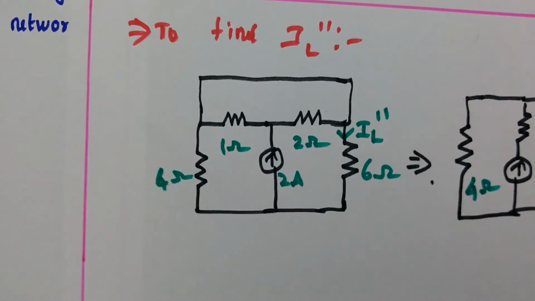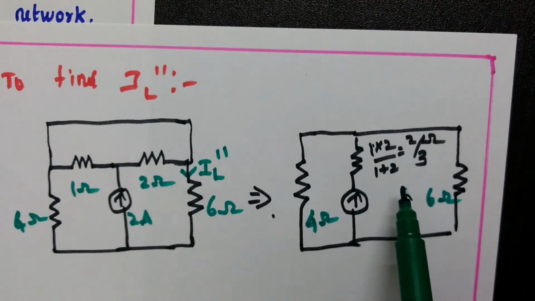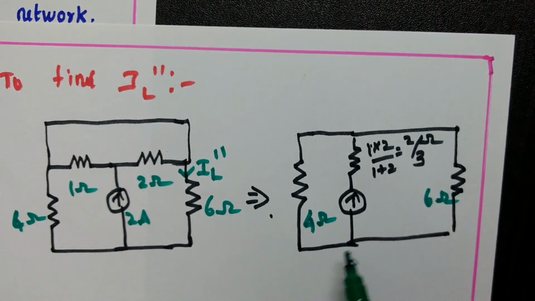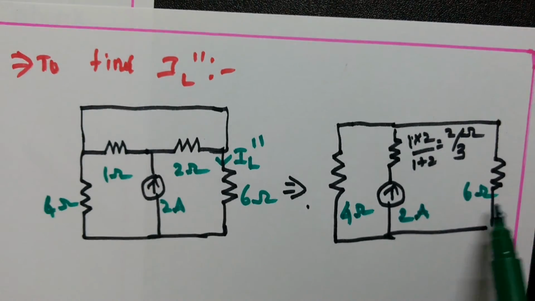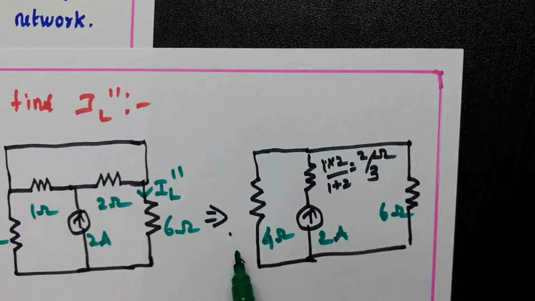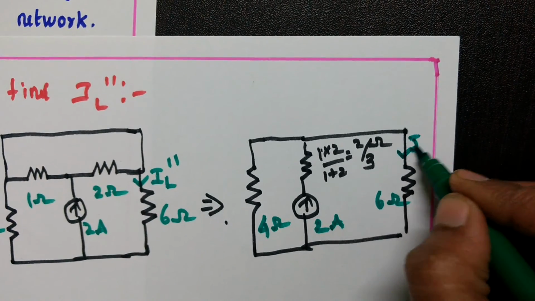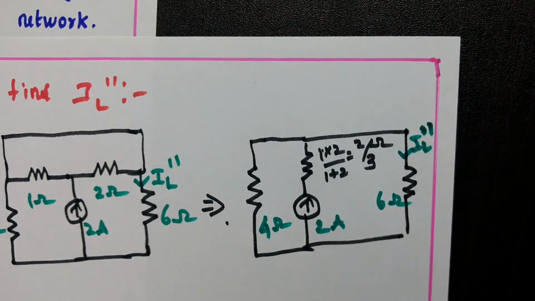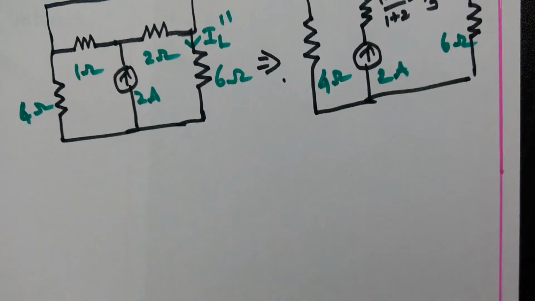So we make the equivalent of that, and then this is 2 amps, in parallel with 6 ohms on this side and 4 ohms on this side. Now we are going to find IL double dash through the current division rule.